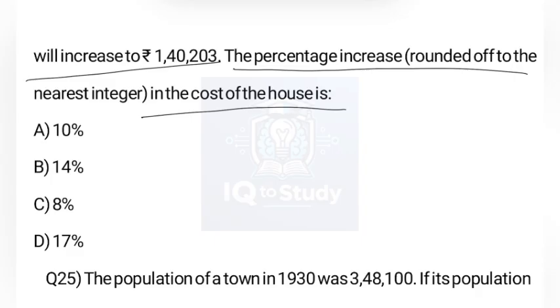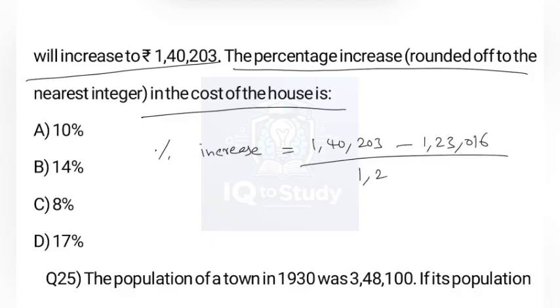So percentage increase is equal to 1,40,203 minus 1,23,016 divided by 1,23,016 into 100.